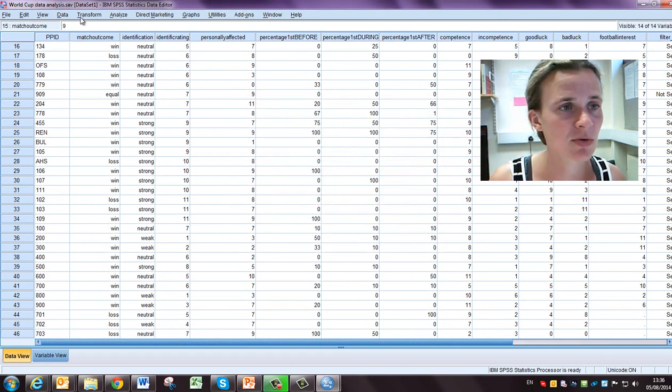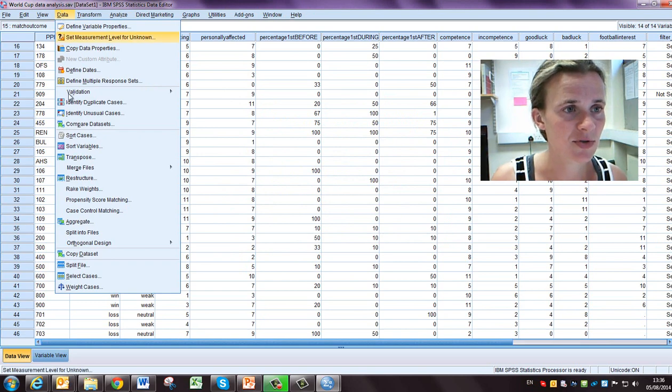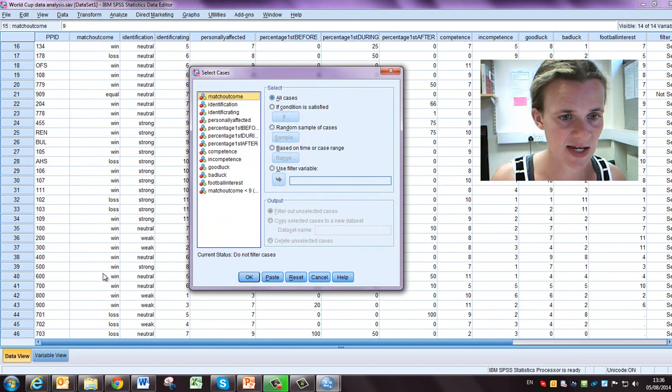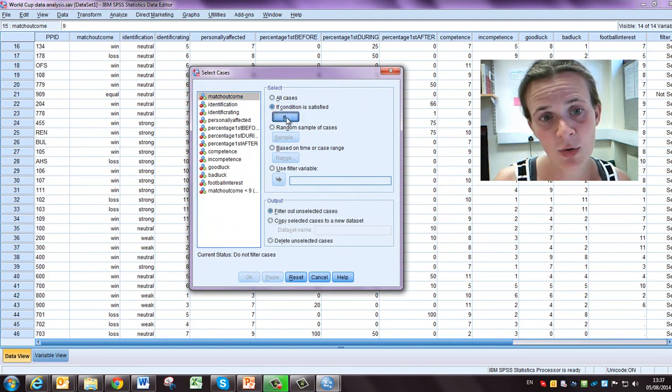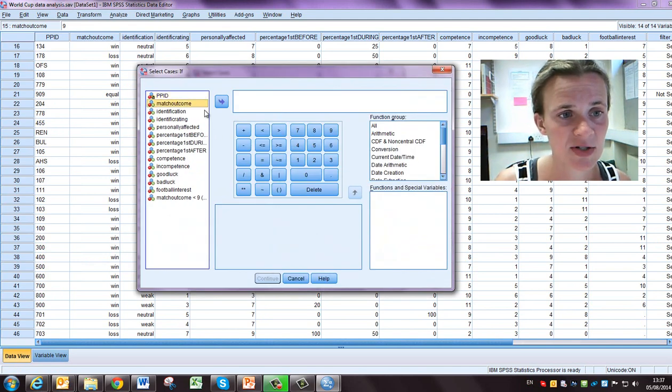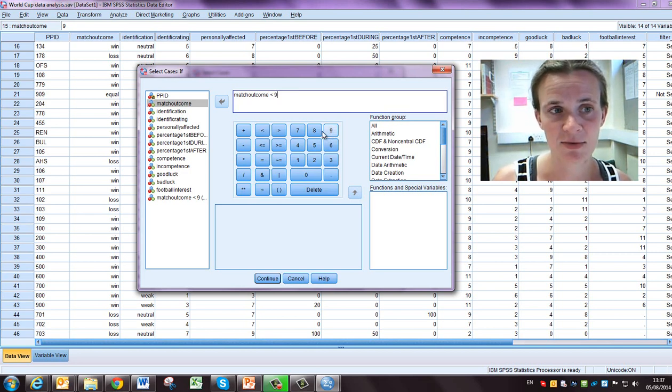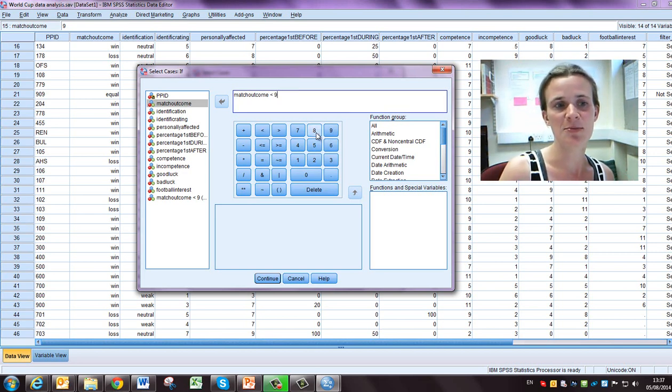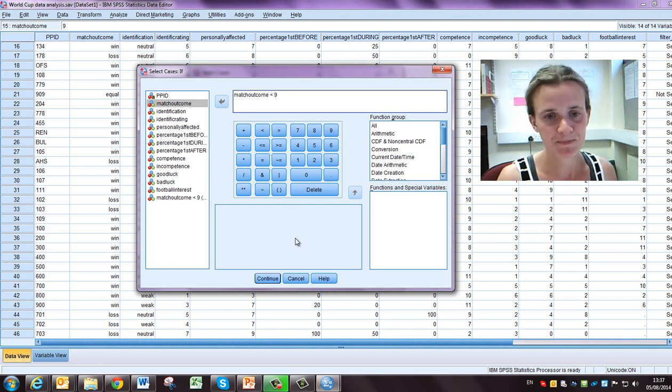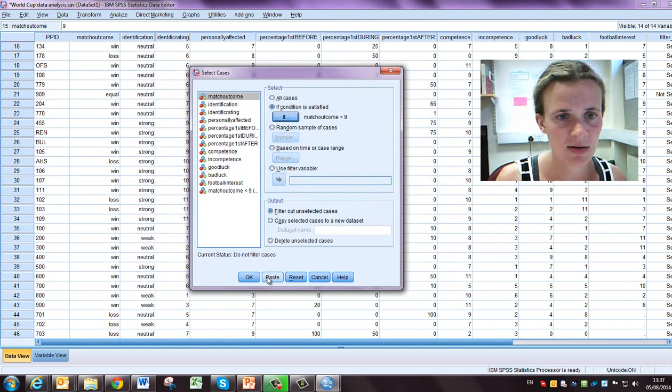So we're going to take them out, and we do that by going to data and then select cases, and we want to select only those that have a match outcome of smaller than 9. I set 9 to be equalizer, and then I click OK.